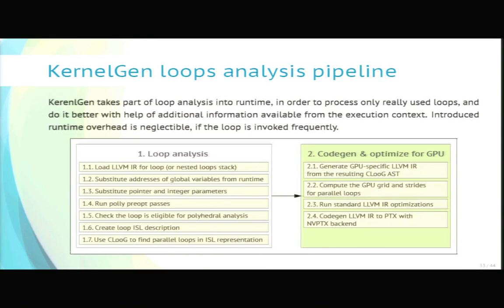In case they are independent, our contribution to Polly is the mapping of a sequence of nested parallel loops onto the GPU compute grid. And once we perform this mapping, the final version of the LLVM intermediate representation code is lowered further to PTX assembly and executed on the GPU.